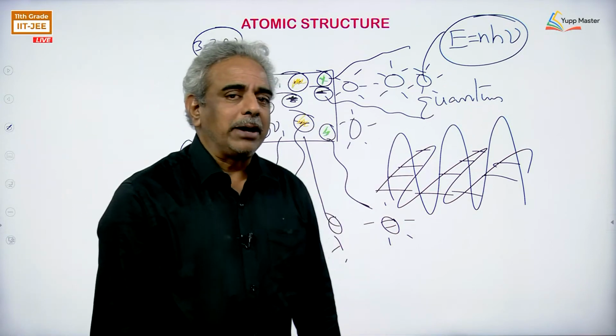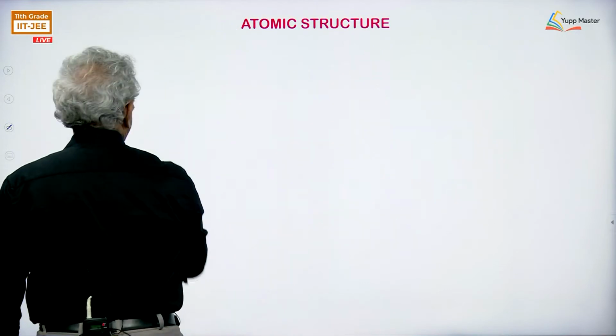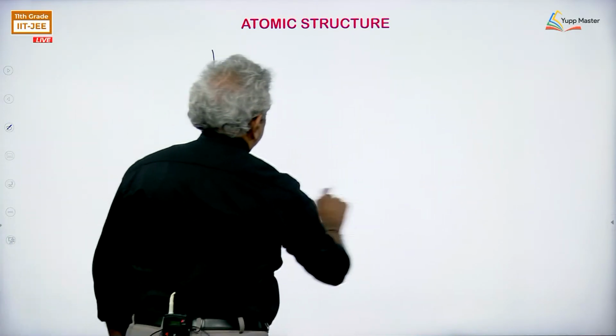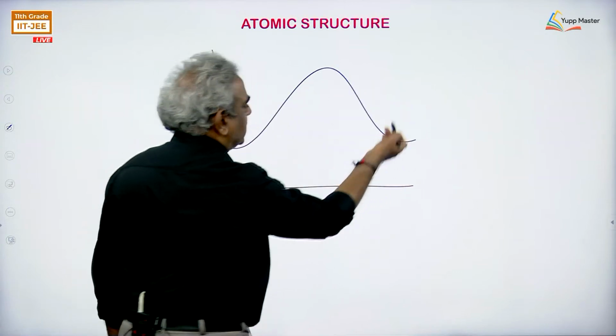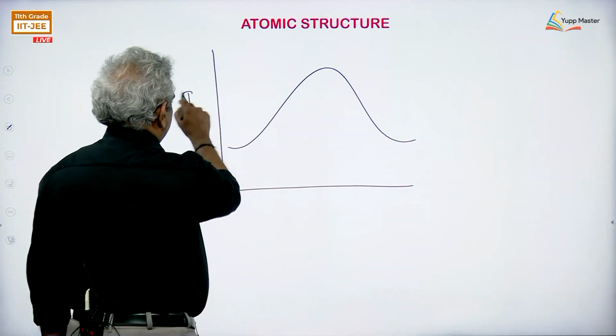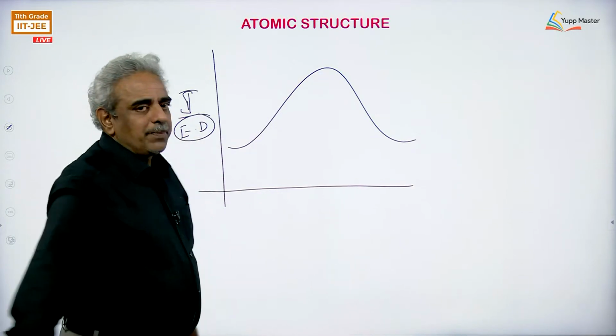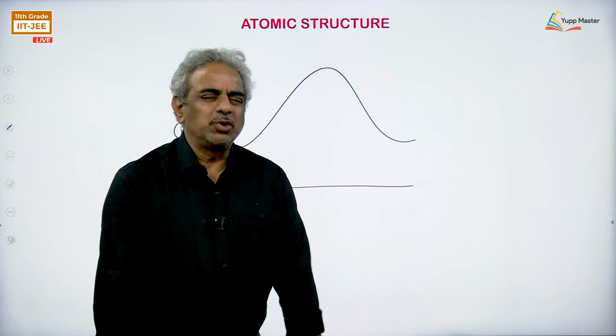Now, let us go back to the curve. You got something like this. Intensity, energy density, you can say, means energy packed per radiation. You can assume like that roughly.